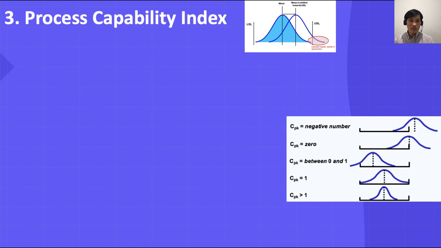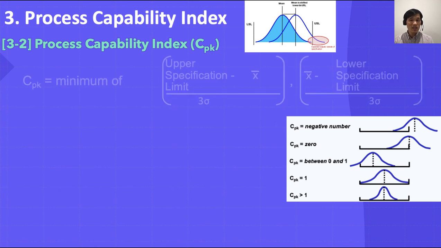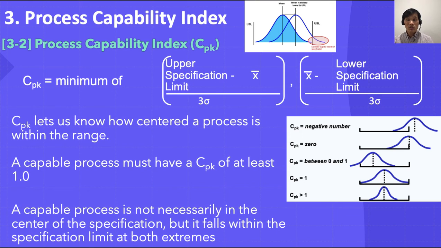Now let us look at another one, Process Capability Index. Process Capability Index is called Cpk. It's a statistical tool to measure the ability of a process to produce output within customer specification limits. In simple words, it measures the producer's capability to produce a product within the customer's tolerance range.